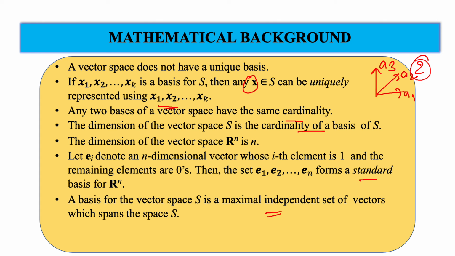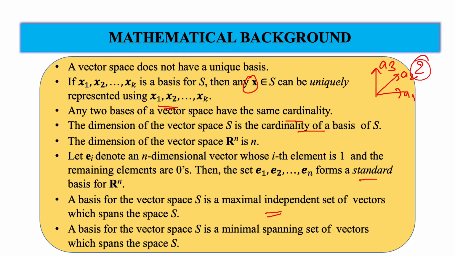One more remark about this basis: a basis for a vector space S is a minimal spanning set of vectors which spans the space S. So this is a minimum spanning set. If you take out any element from the set, the vector space can't be constructed using the remaining elements.